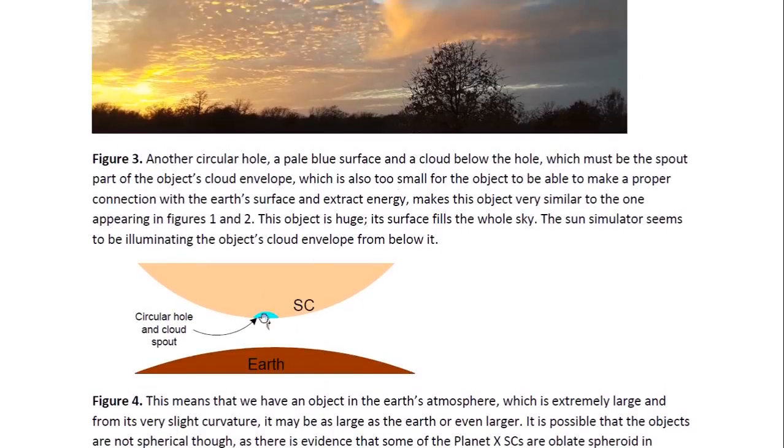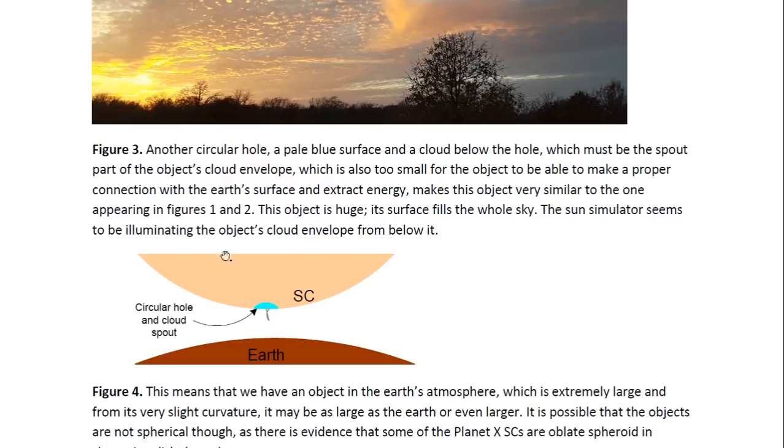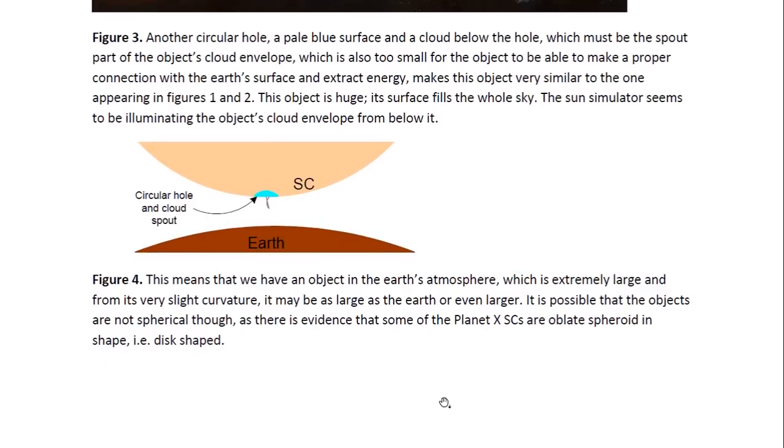Without it being able to make the connection, because it doesn't have enough spout material, it can never get a large gravitational force. It cannot strongly affect the Earth, therefore it will remain gravitationally extremely weak, because they are energy depleted. That's what destroyed the planet. It was energy depletion.